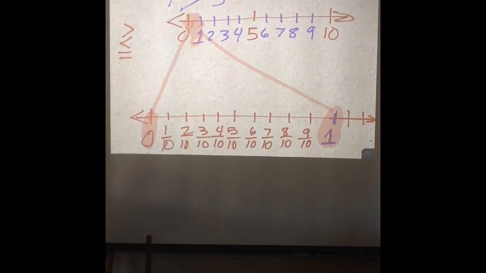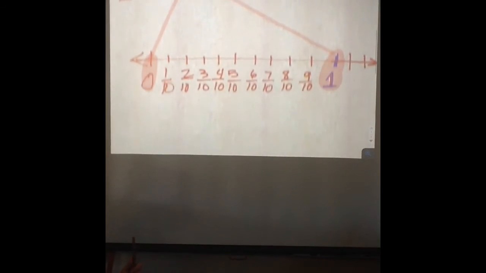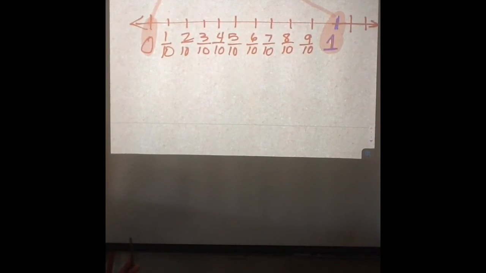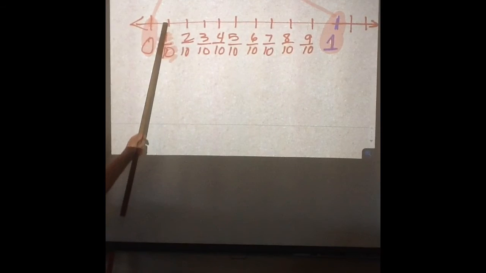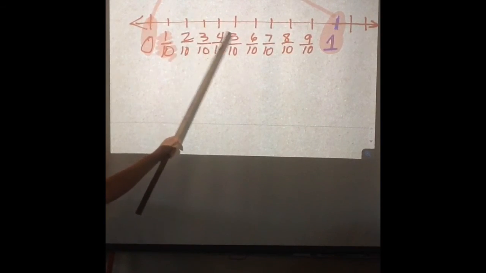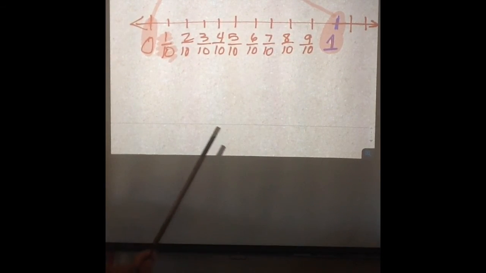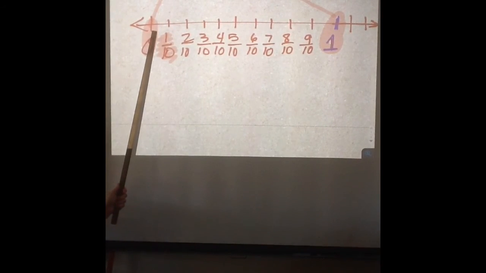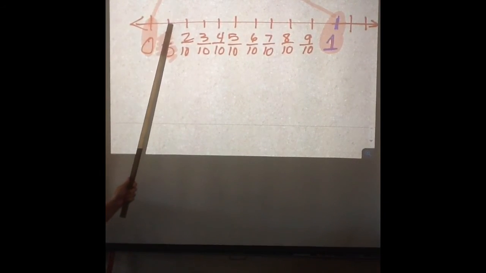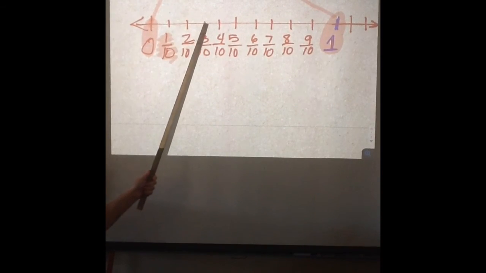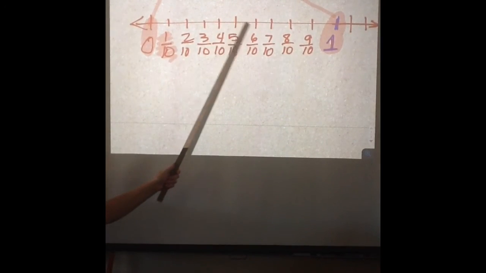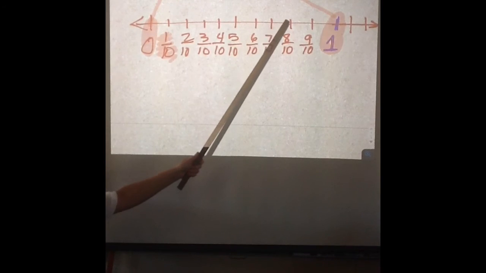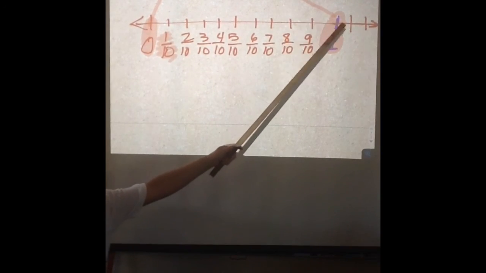And if you can tell, we have a 1/10 right here. Why is there a 1/10 there? Because this is being cut up into 10 pieces. So let's count it. This is 0. 1, 2, 3, 4, 5, 6, 7, 8, 9, 10.